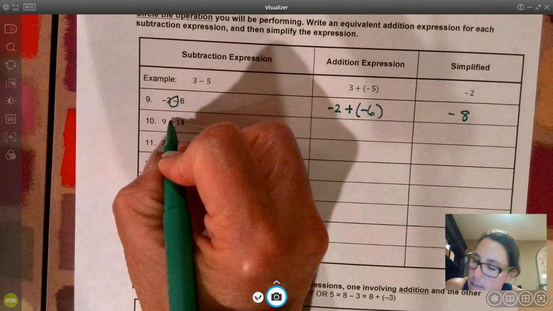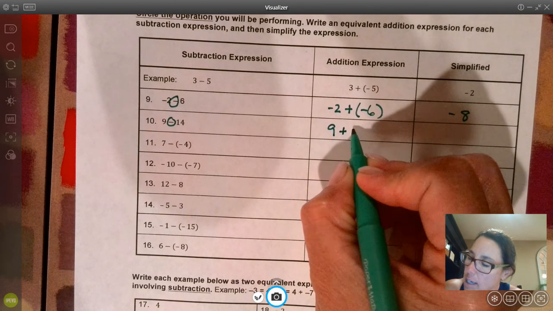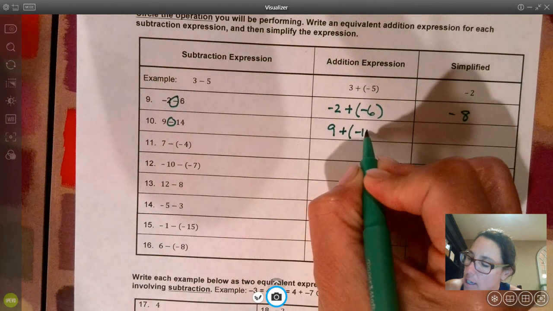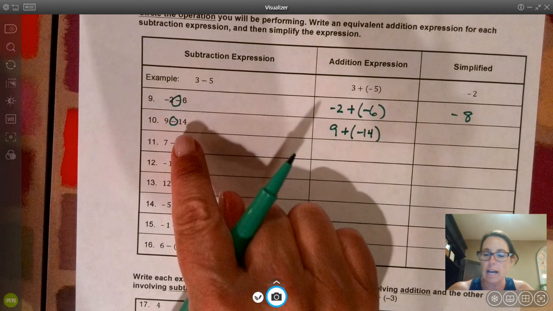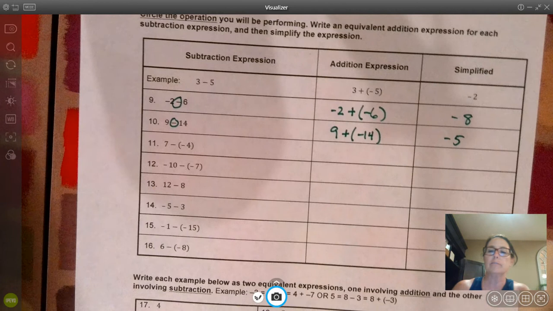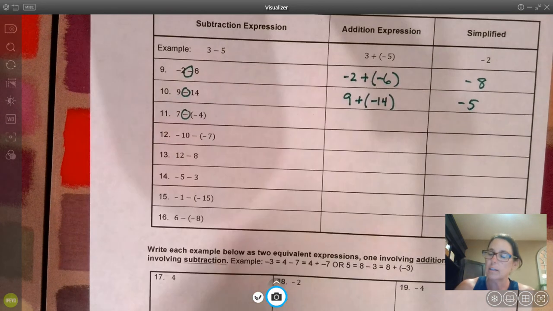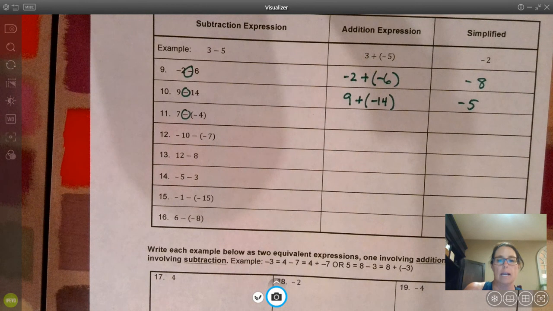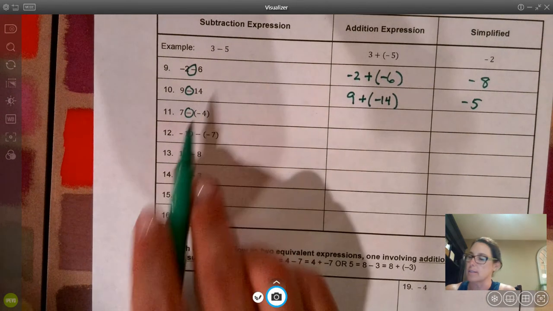This minus sign is going to turn to a plus sign, and you're going to change the sign of the positive 14 to a negative 14. Doesn't matter which one you're looking at, your answer should be negative 5. All right, this guy, this minus sign changes to a plus sign, and the negative changes to the opposite sign.